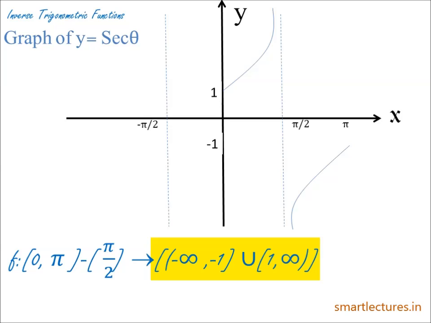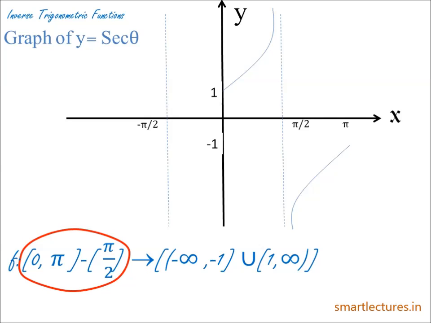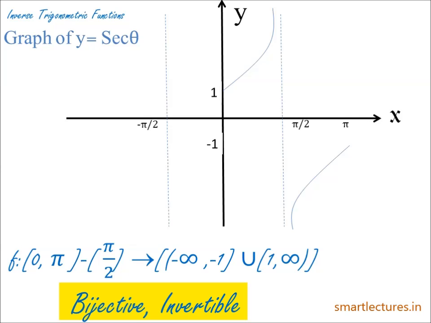And in the interval 0 to pi except at half pi, the function secant theta is bijective and therefore it is also invertible. And because it is invertible in this interval, we can also find its inverse in the given interval.